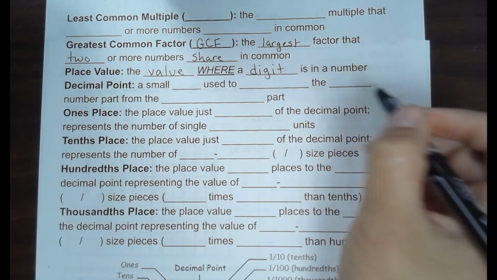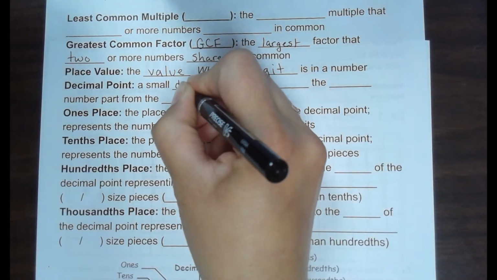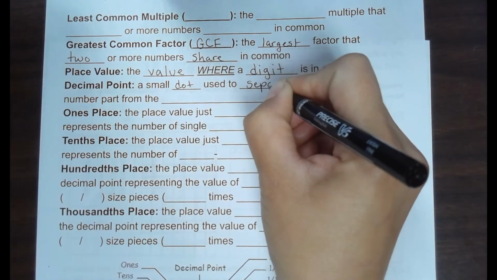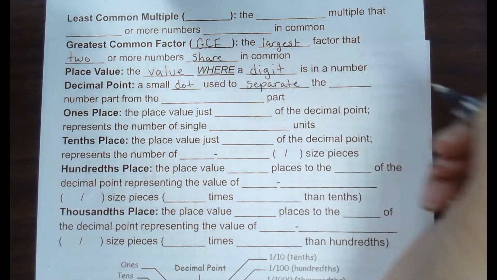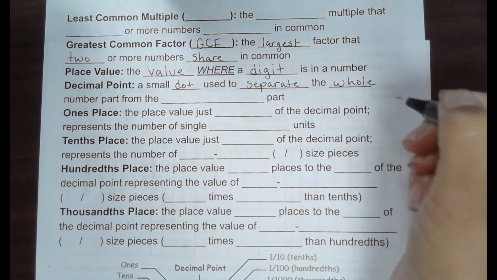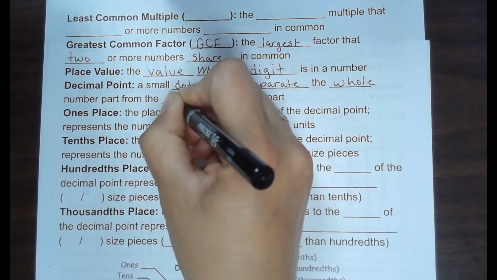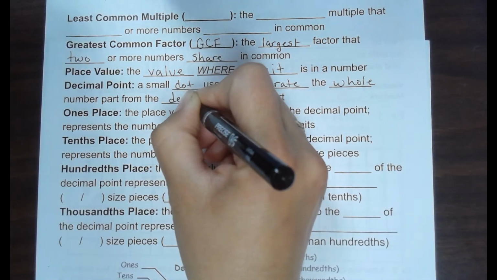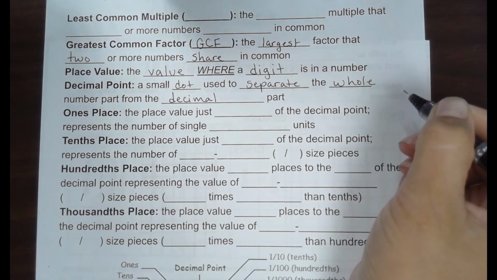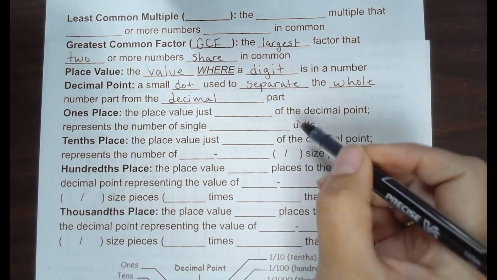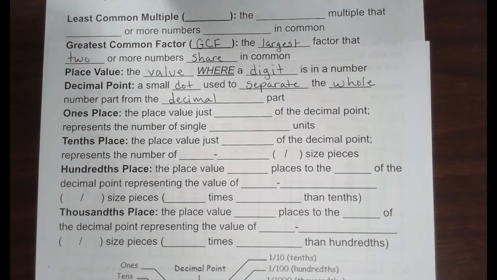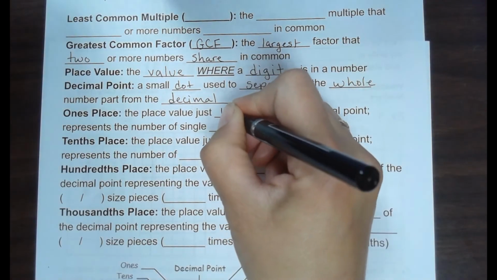Okay, the decimal point is a small dot used to separate the whole number part from the decimal part. Okay, the ones place is the place value just to the left of the decimal point.